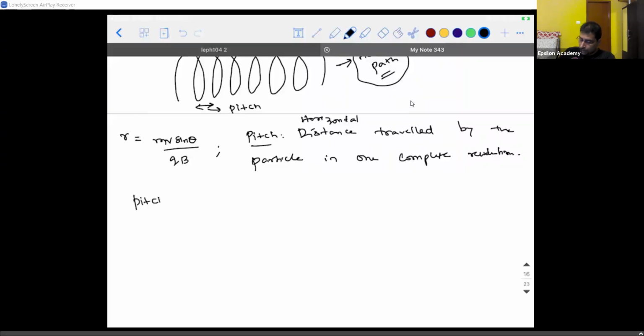So pitch is equal to the parallel component of velocity into time period, because pitch is a horizontal distance. Distance is equal to speed into time. The time taken for one complete revolution is what we call the time period. So what is the value of V parallel? It is going to be V cos theta into the time period. That is what we need to find, right?